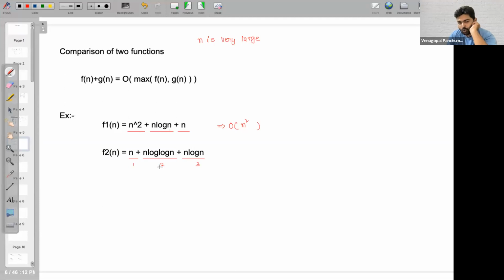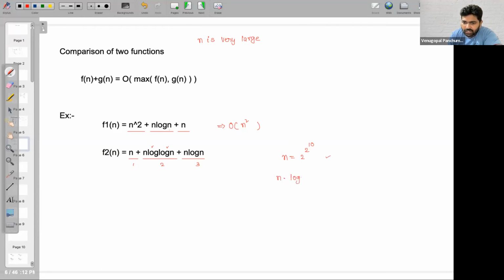People who are typing 2, if you have 2 logs, it doesn't mean that this is bigger. Let me explain, friends. Assume n is equal to some bigger number. Let's say n is equal to 2 power 10. I have just taken a very large number; any number you take is no problem. Now n you already know. Can you tell me the answer of n into log n?